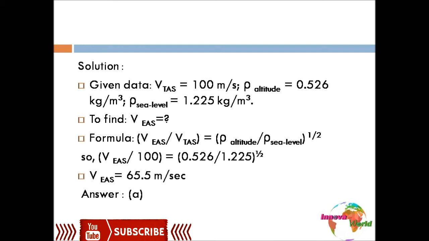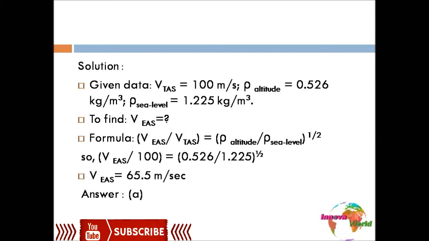See the given data. VTAS is 100 meters per second, density at altitude is 0.526 kg per meter cube, and density at sea level is 1.225 kg per meter cube. See this value, you should memorize it, you should remember this in your lifetime.